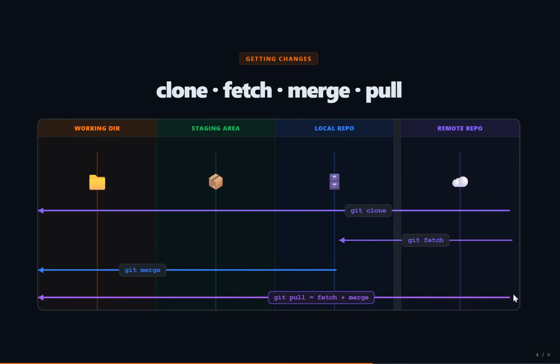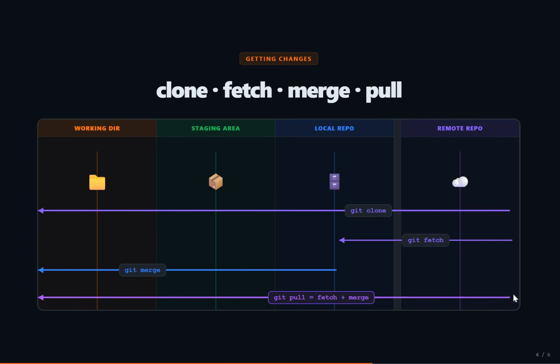Now let's look at the other direction, getting the work from the team. You can run git clone, which downloads the entire remote repository to your machine the first time. You can use git fetch, which downloads any new changes from your remote, but it doesn't touch your files. It's safe.